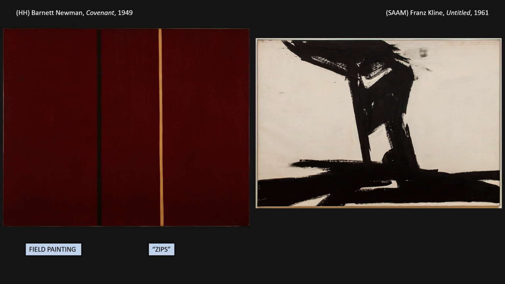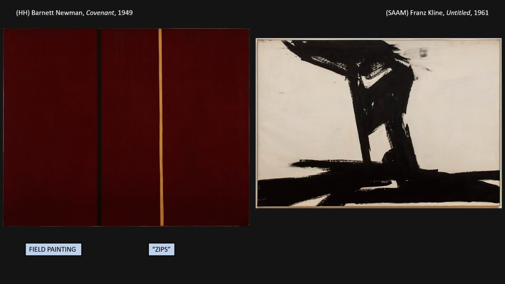That the field represented the boundary between your physical world and the spiritual world. And the zips were the places where you could move from here to there. So through the zips, and not available to our vision, is this spiritual realm, as Newman explains it, right? That's what he's hoping to get across.